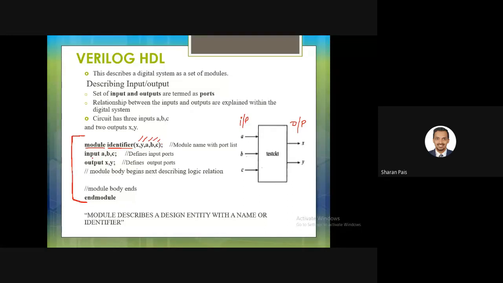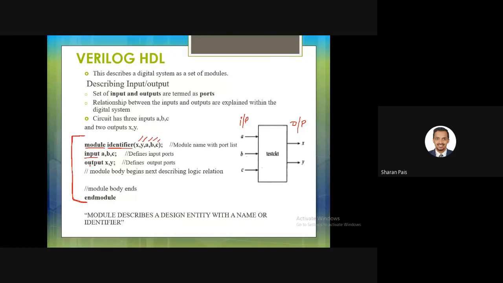Then you list the inputs separately. The keyword is input, then list A, B, C, semicolon. That means A, B, C are the inputs. Next, what are the outputs? Like in a C program you declare int A or float average, here you list input and output.